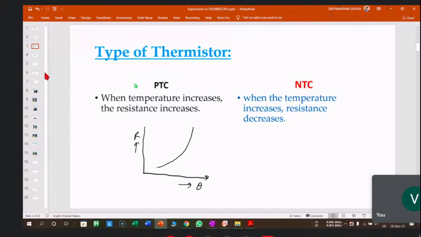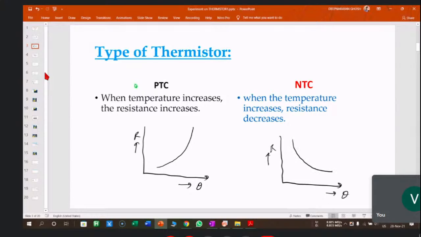Some metals also have this property. But an NTC thermistor, meaning negative temperature coefficient, has a different curve. If we draw resistance versus theta, its curve will be like that.